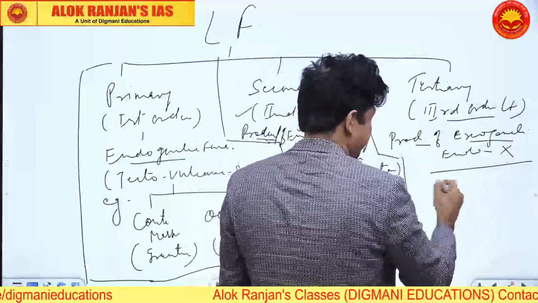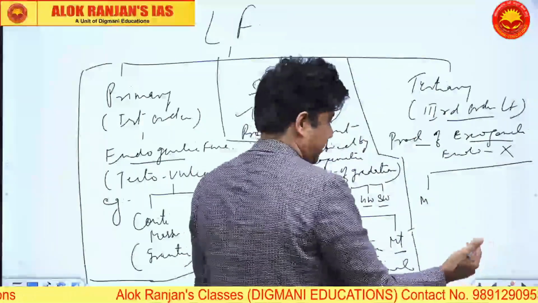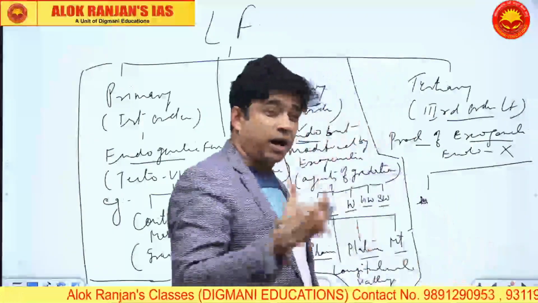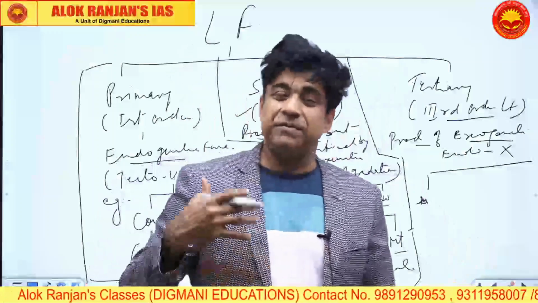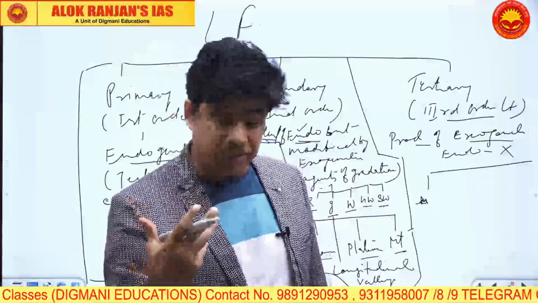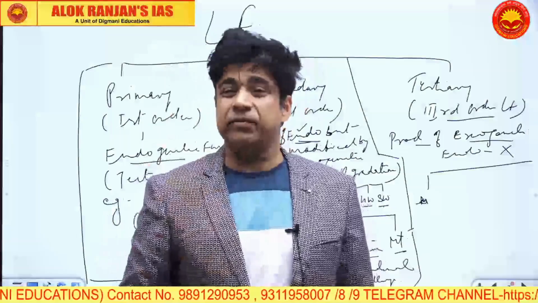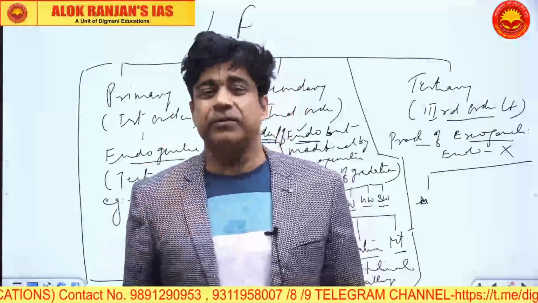Example could be anything. Any feature which is entangled in the mountain, any feature which has been carved out over the plateau, any feature which has been depicted over the plains, they're all third order landforms, they're all tertiary landforms.